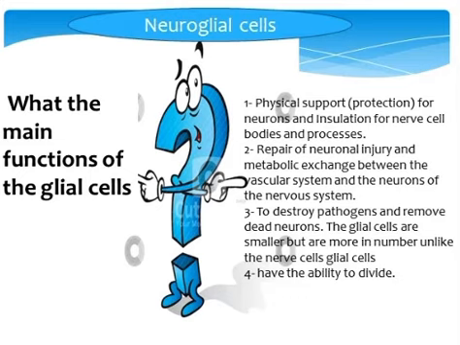Repair of neural injury and metabolic exchange between the vascular system and the neurons of the nervous system. 3. To destroy pathogens and remove dead neurons. The glial cells are smaller but more in number, and unlike nerve cells, 4. they have the ability to divide.